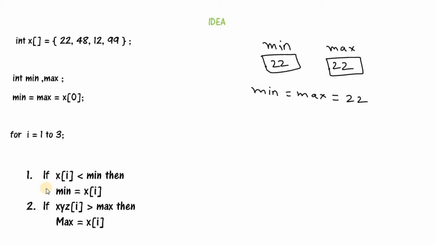In the first step, we will find out the minimum value, and in the second step, we will find out the maximum value. Here we are trying to compare these elements with the minimum value. If we find that this element is less than the minimum value, then definitely this element is the minimum possible element.